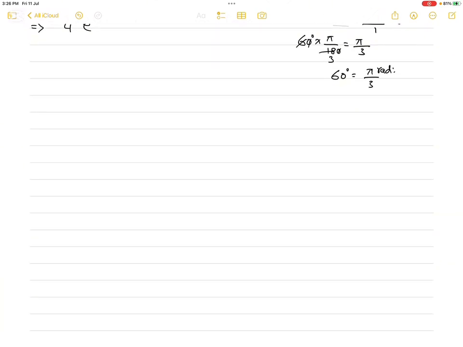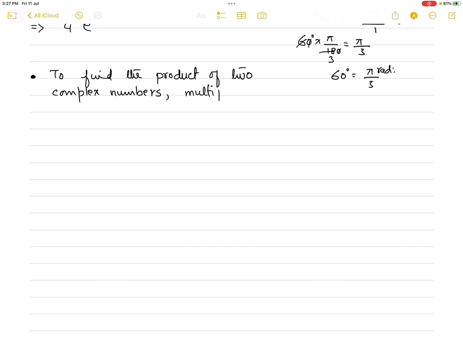And those are: to find the product of two complex numbers, multiply their moduli and add their arguments.